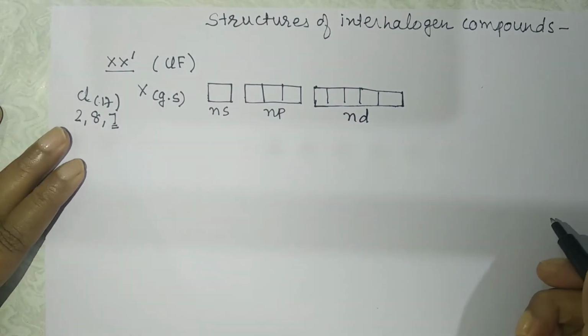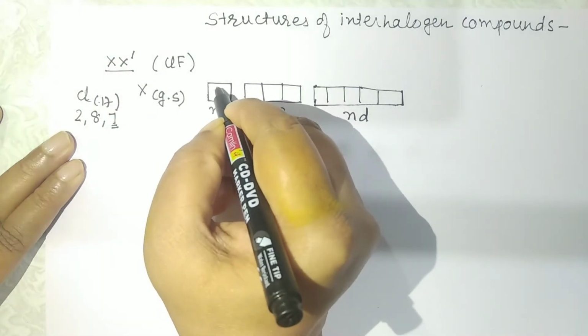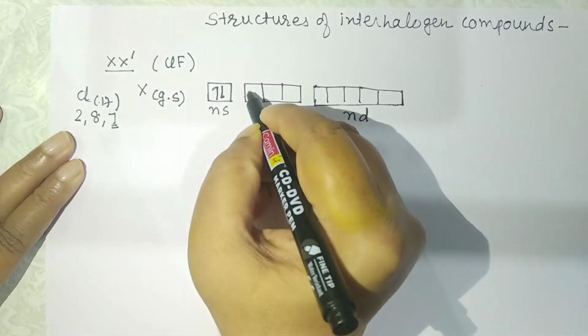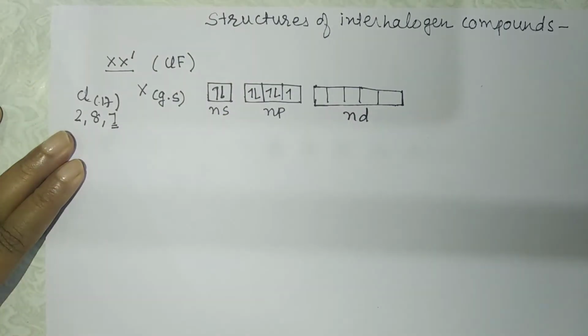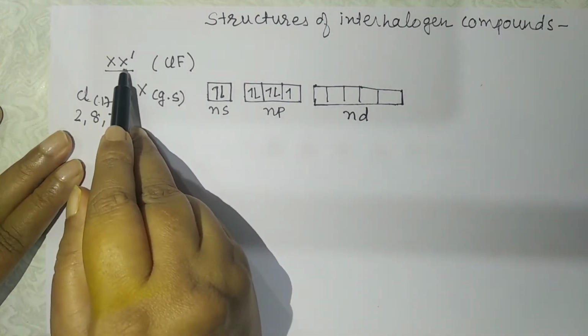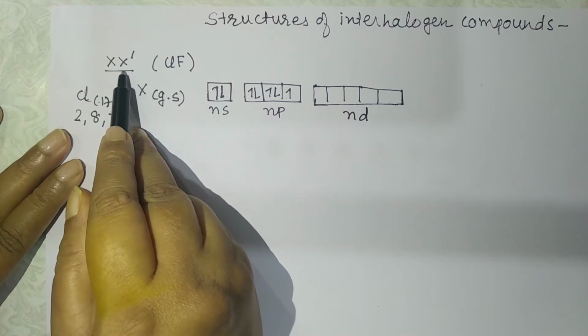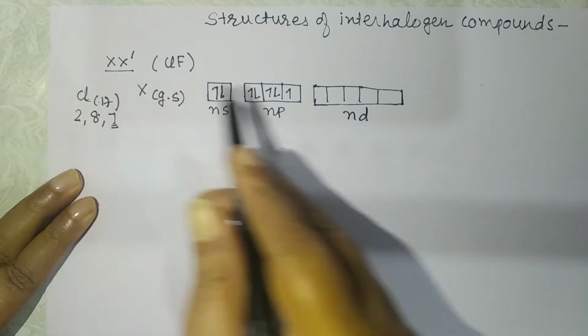Now let us fill the electrons. You know that there are 7 electrons. So let us fill the electrons 1, 2, 3, 4, 5, 6 and 7. You have to follow Hund's rule while filling the electrons. Now, if you see here, the connecting atom is only 1 and therefore I require only 1 unpaired electron so that this fluorine can overlap here.